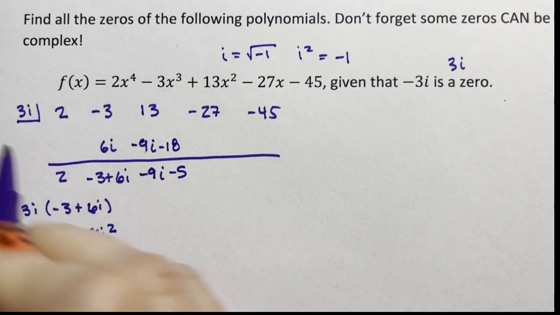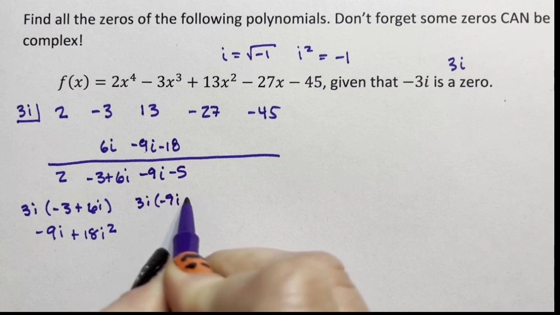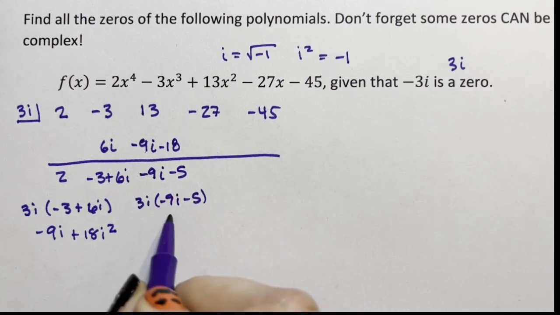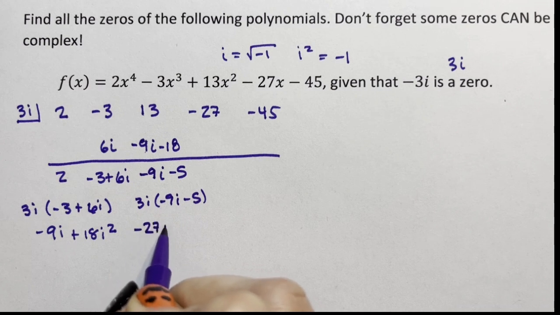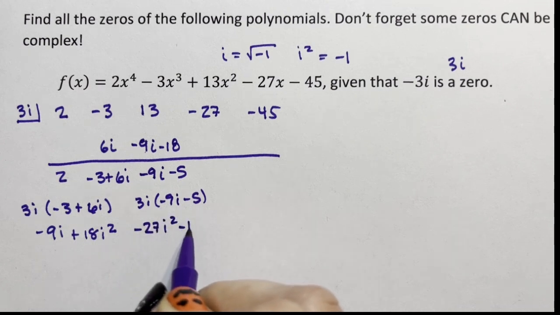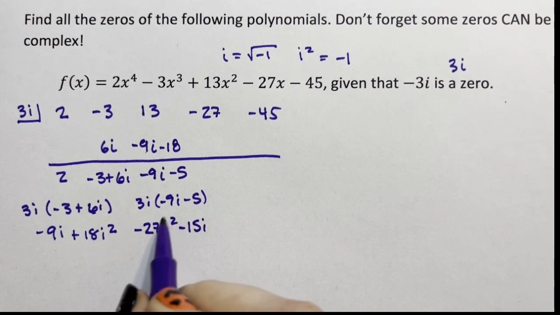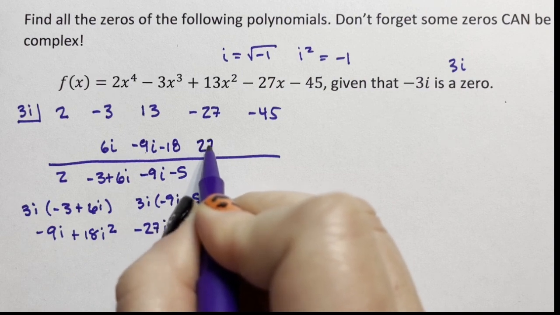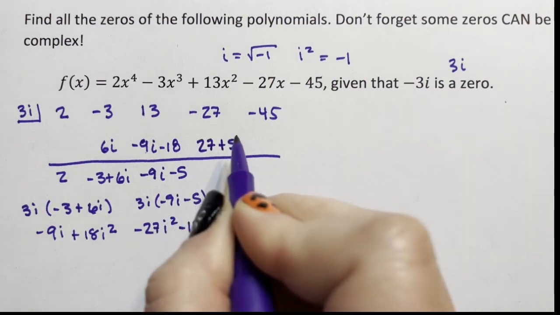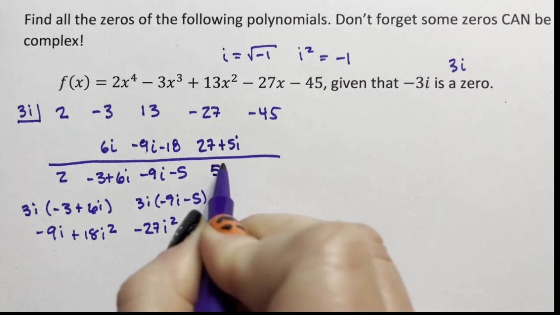Okay, so now I need to multiply that by 3i. 3i times -9i minus 5. This becomes -27i squared minus 15i. Again, i squared is -1, so this is going to become a positive 27 minus 15i. These are going to cancel when I add down, and I'm just going to have that -15i.